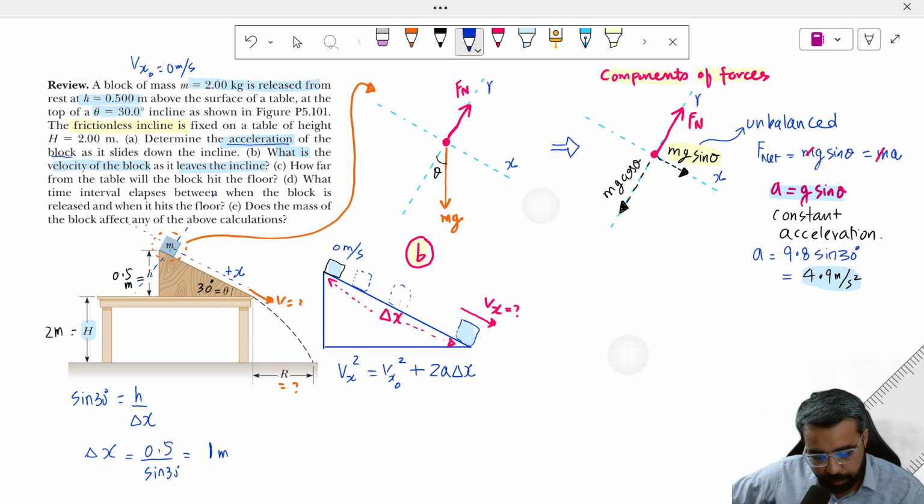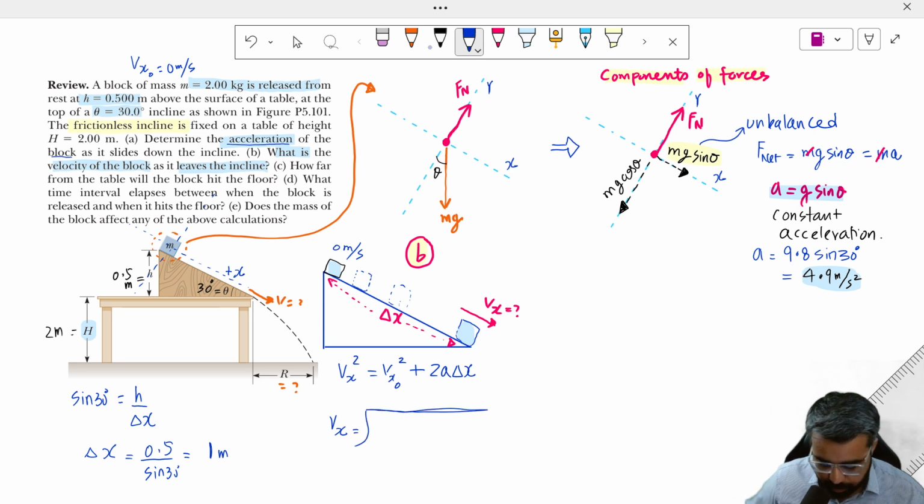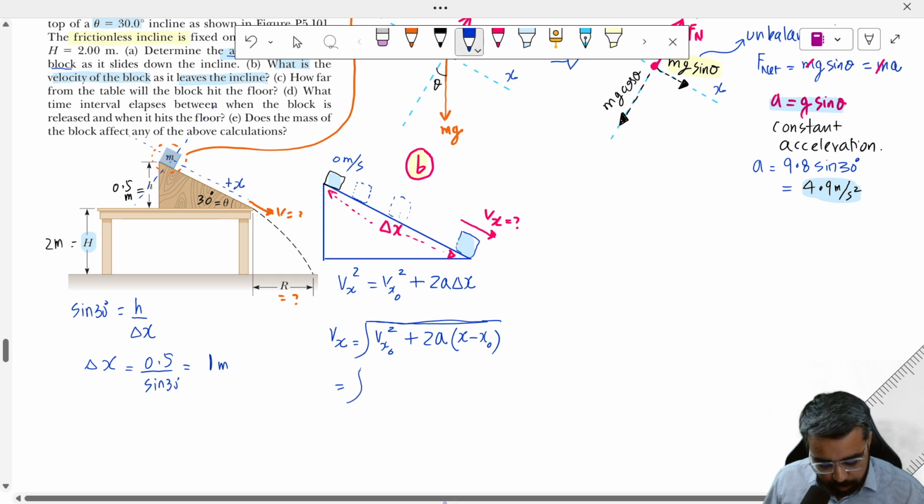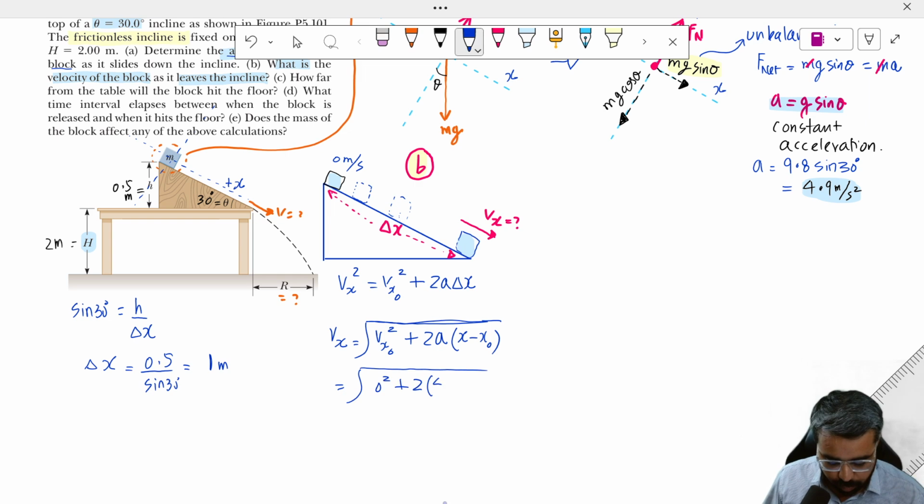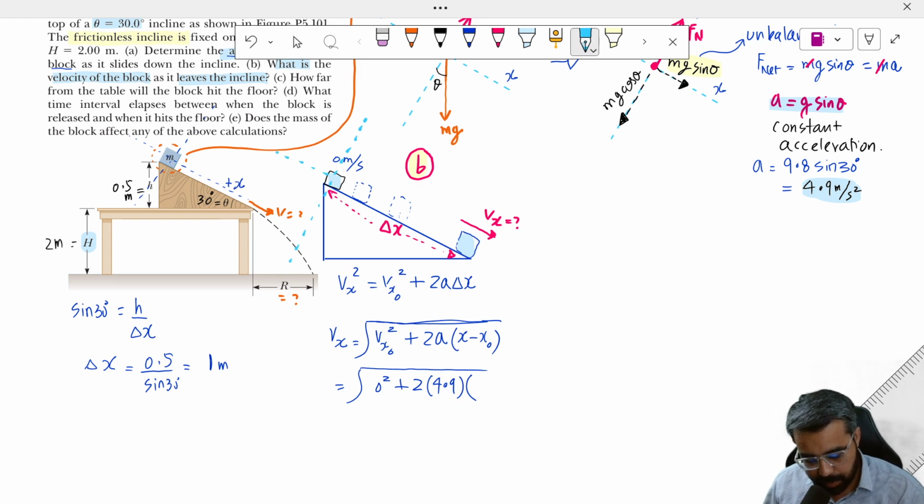So if we put the values, it should be equal to the square root of this whole: 0 square plus 2 into 4.9. And what is the displacement? I mean, what is the final position if you assume that your reference coordinate system is here?